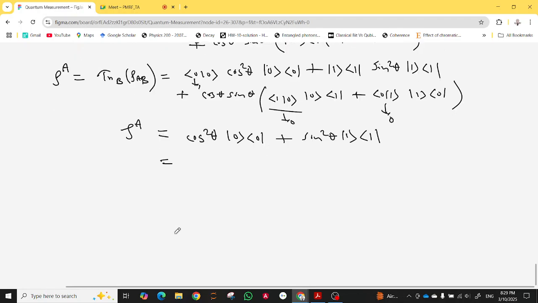To write it in matrix form, you can write cos square theta, 0, 0, sin square theta, right? The coefficient is there. So the 0 0 term has coefficient cos square theta, the 0 1 term has no coefficient so it is 0, and the 1 1 term has coefficient sin square theta. So this is your rho A.